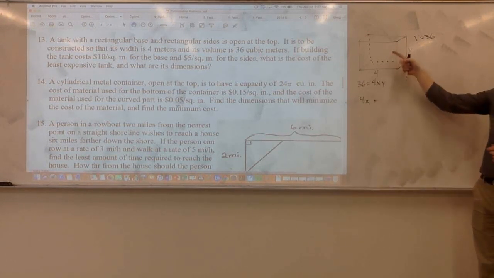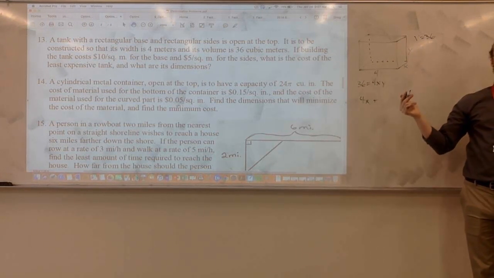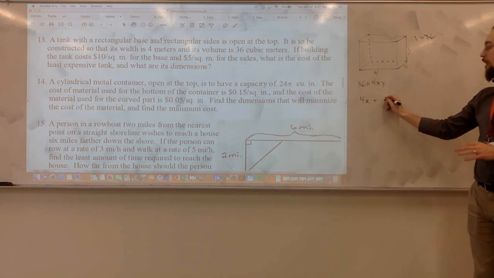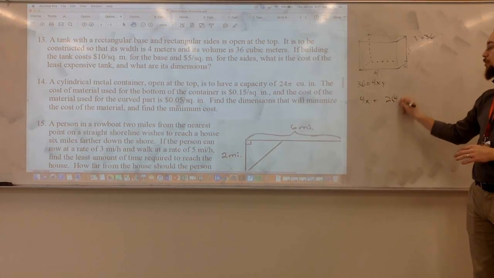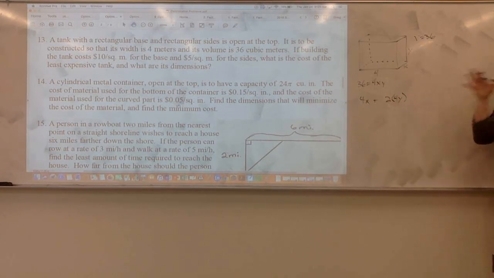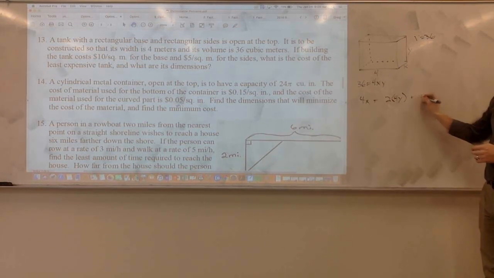So yeah, the front and the back will both be 4y, right? So I can say that'll be 2 times 4y or 8y. For right now, I'm just going to write it as 2 times 4y, so that we can see that we're taking 2 times the front and the back, and then my other, and then 2xy, right?